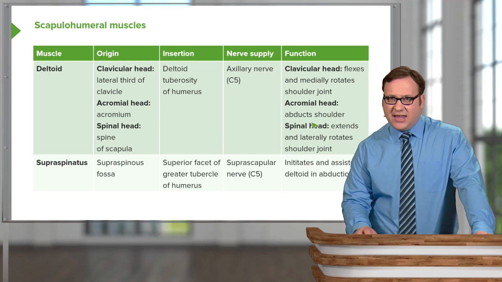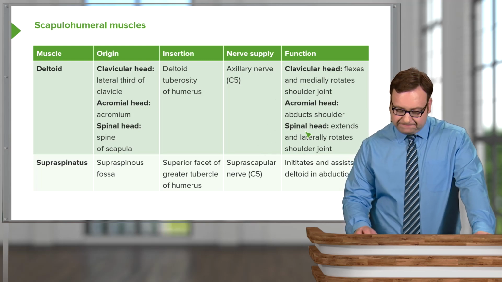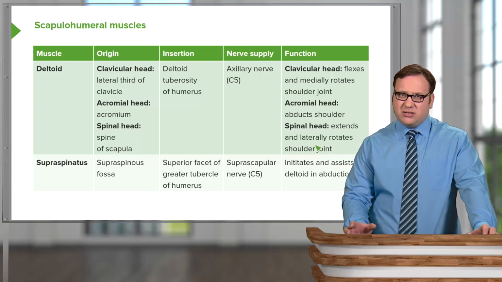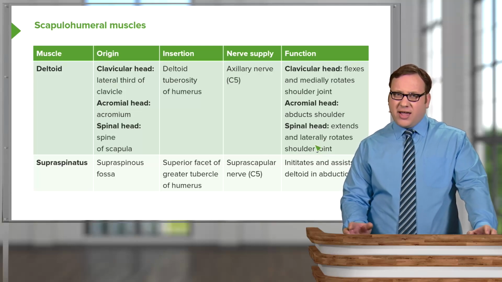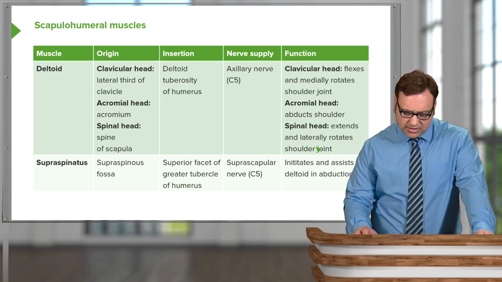The acromial head is important in abducting the shoulder, so moving the arm outwards. And the spinal head extends and laterally rotates the shoulder joint. Because of the wide attachment of the muscle, its widespread origin, it can have a number of functions.